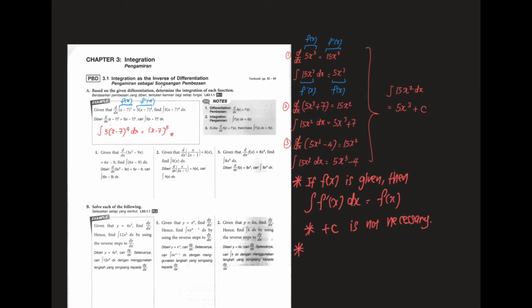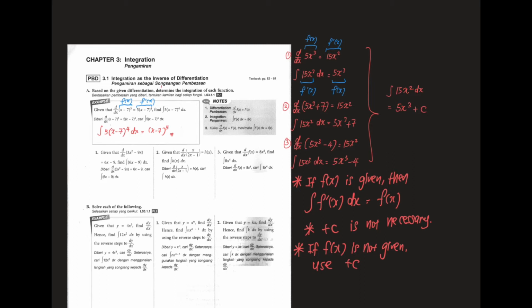Okay, so if f(x) is not given, use plus c. Okay, so you take it in this way first. Let's see more examples.